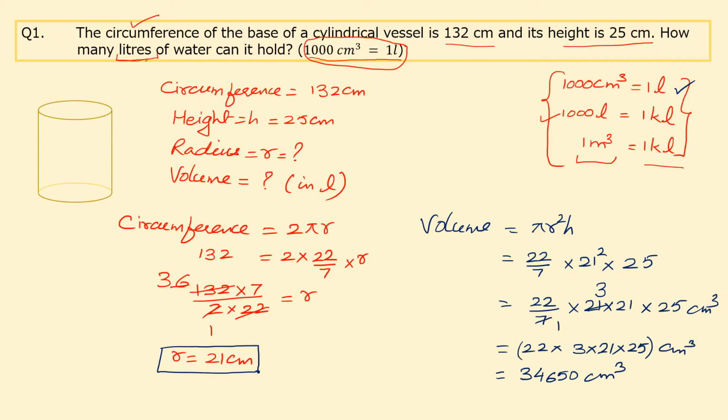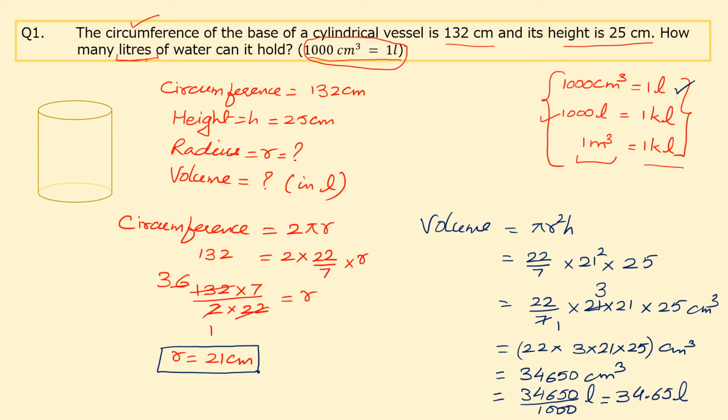We have to find this answer in liters, so we have to divide this by 1000. So this is equal to 34.65 liters, right? So this is the answer. Therefore, the cylindrical vessel can hold 34.65 liters of water.